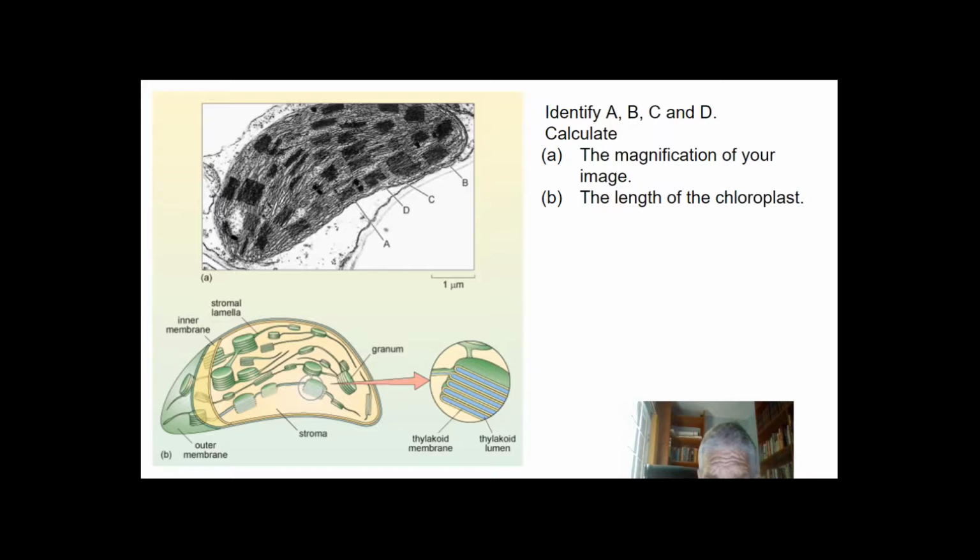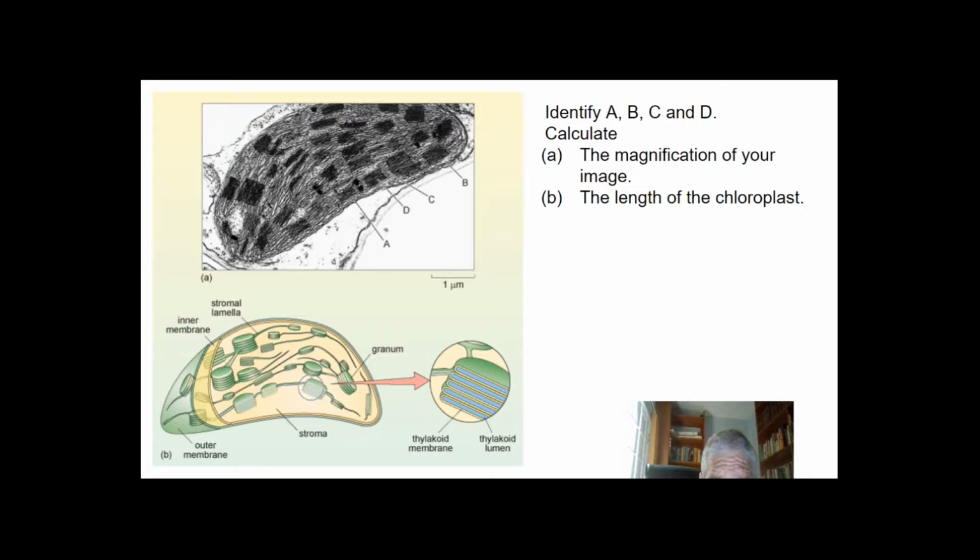And then after that, we're going to look at the structure of a chloroplast. And I said a chloroplast looks like this, where you have a granum, a sac of thylakoids, and a lamellae which connects the grana together. You should be able to identify the different structures here.